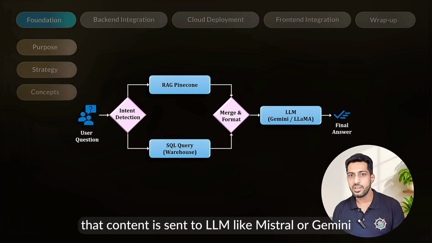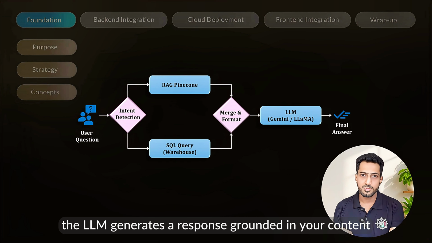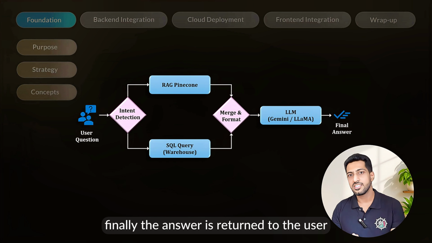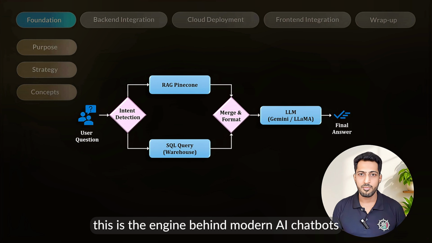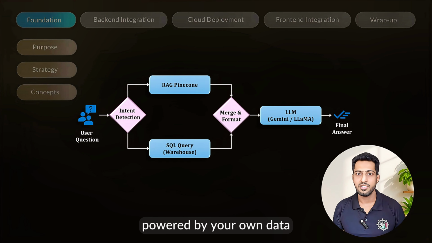That content is sent to an LLM like Mistral or Gemini along with the custom prompt. The LLM generates a response grounded in your content, and if the LLM fails, a fallback model kicks in. Finally, the answer is returned to the user. This is the engine behind modern AI chatbots, a smart blend of search plus generation powered by your own data.